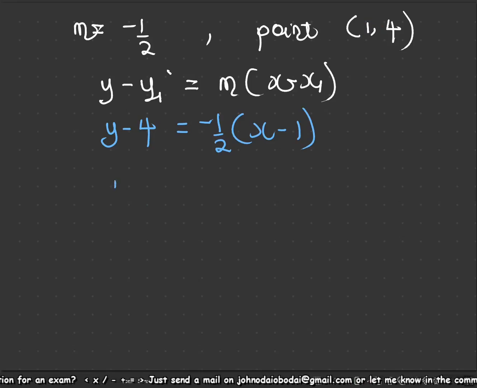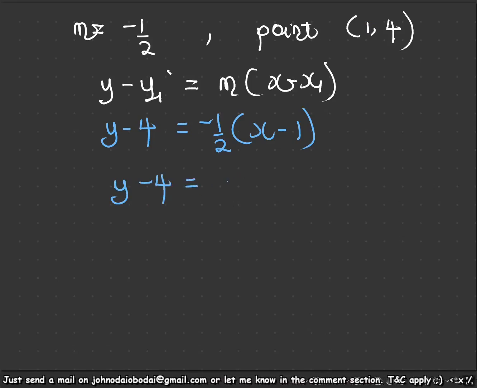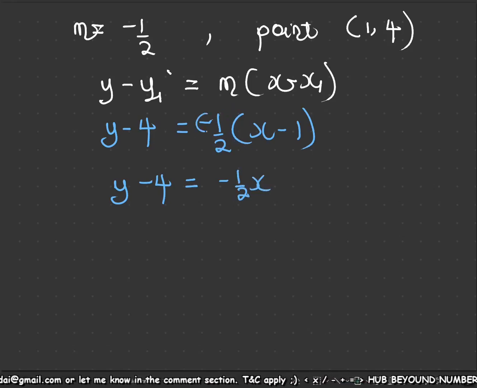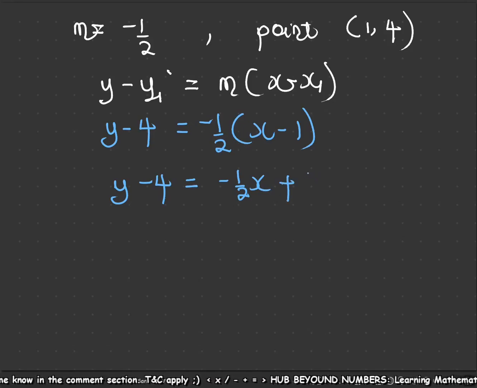Simplifying further, we have y minus 4 is equal to -1 over 2x. That is, this times our x, and then negative times negative giving us what? Positive. Half times 1 gives us 1 over 2.